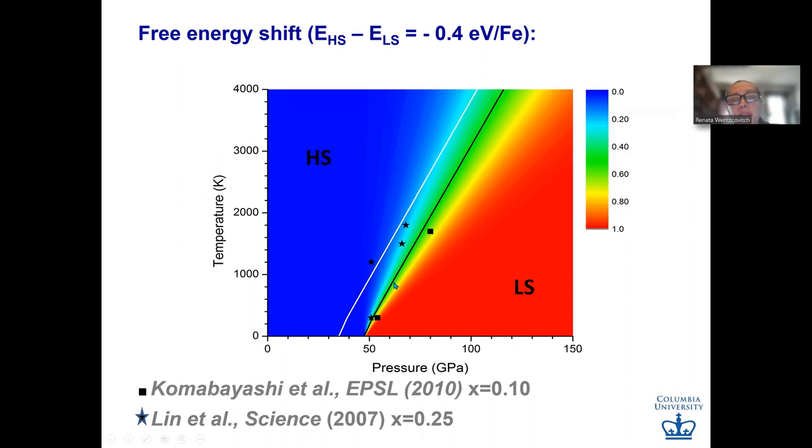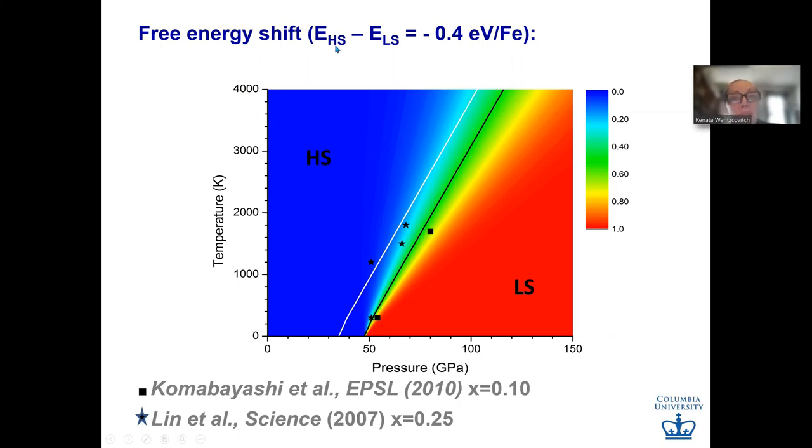So this shift here, white to black, is ad hoc, okay? Because if I want to model the mantle, I wish I could be doing better. My raw ab initio results could be better. But if I want to understand the mantle, I will try to be in better agreement with the experiments.